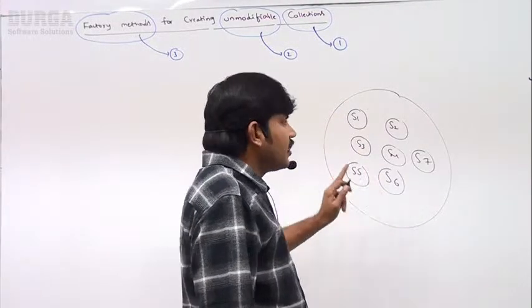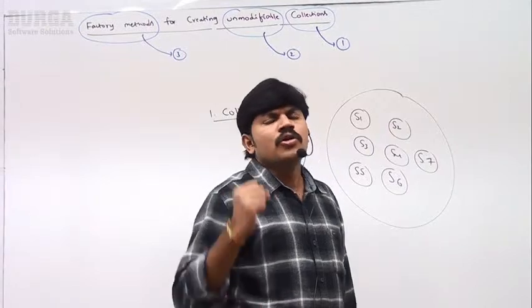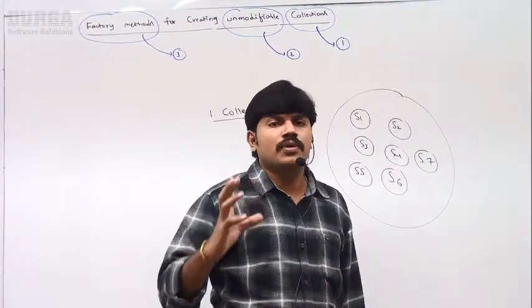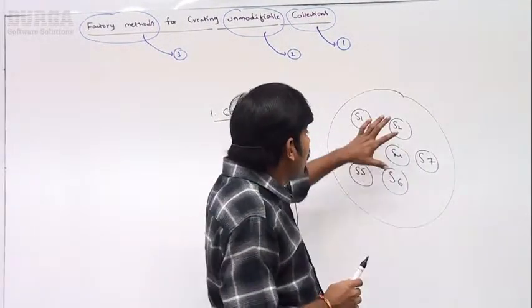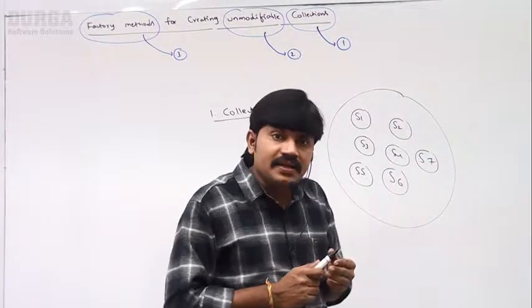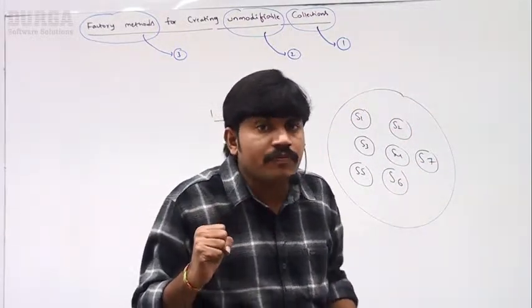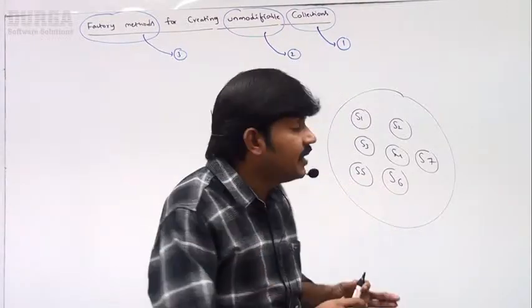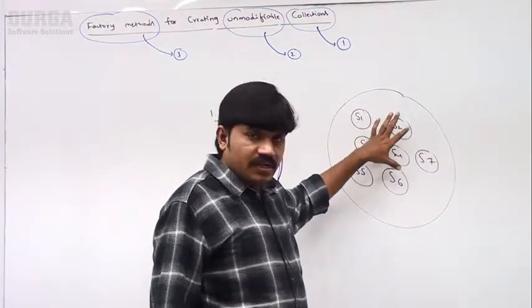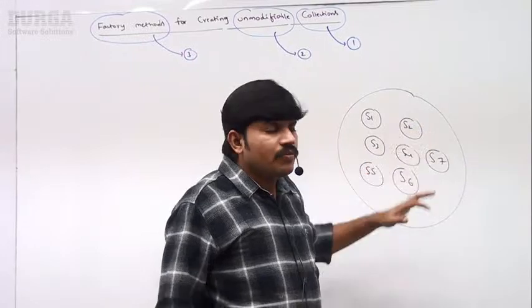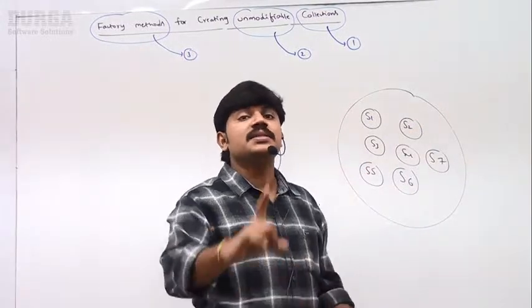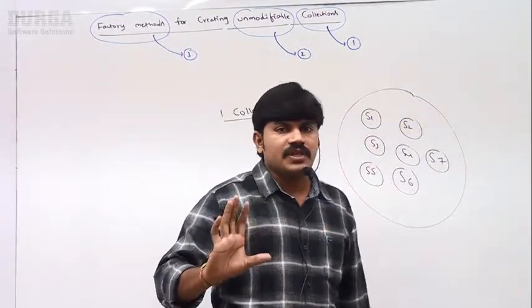Then we should go for a collection. If you want to represent a group of individual objects as a single entity, then we should go for a collection. A group of objects as a single entity itself is a collection.